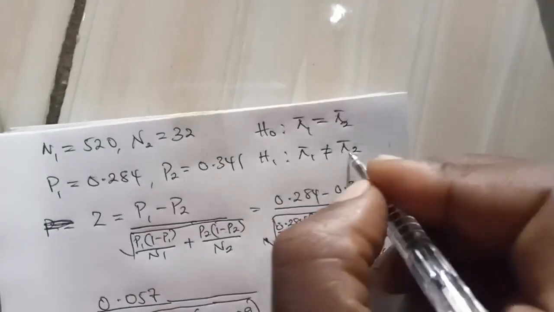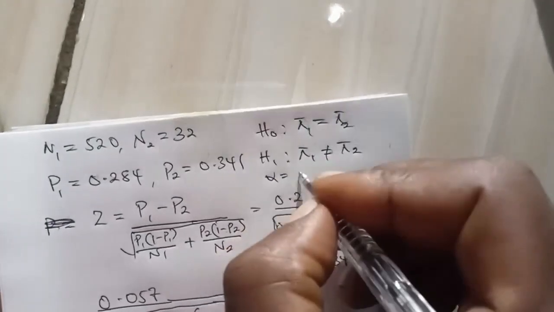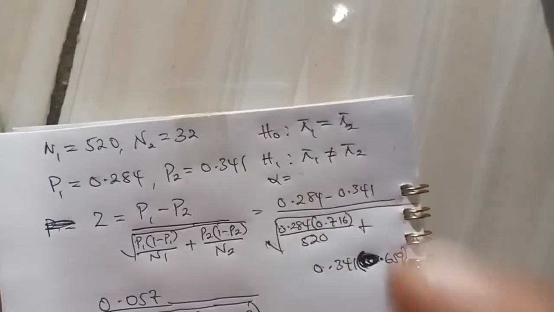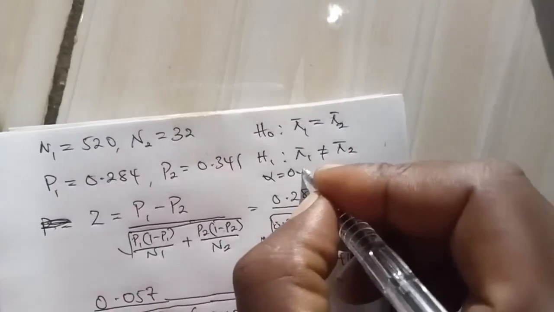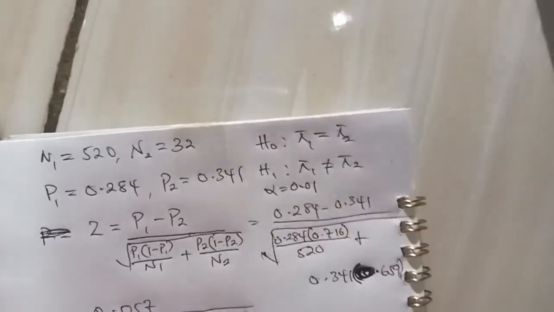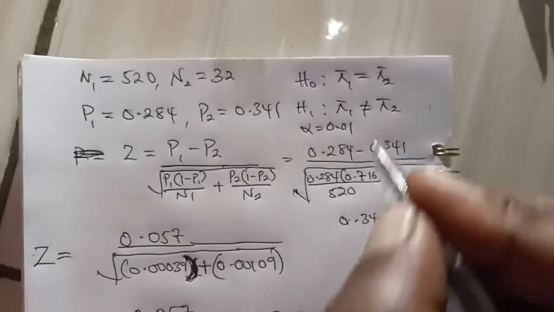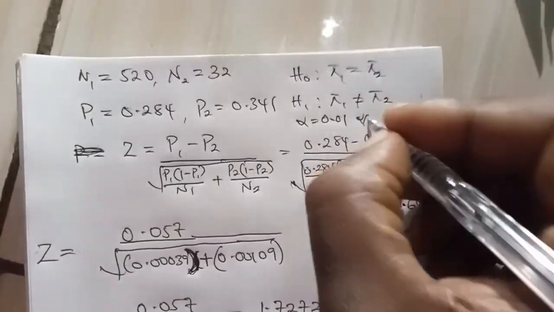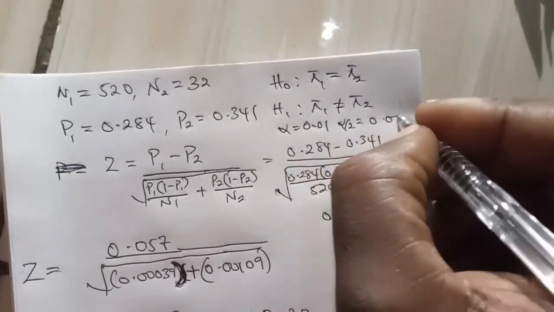So two-tail test, alpha will be 10% level of significance, which is 0.01, and because it is a two-tail test, we divide it into 2, alpha over 2, which will be 0.005.